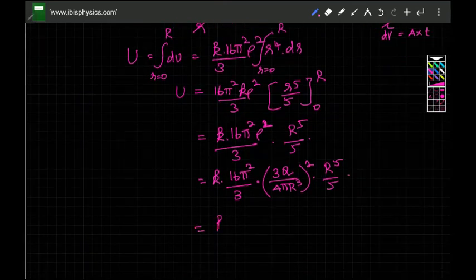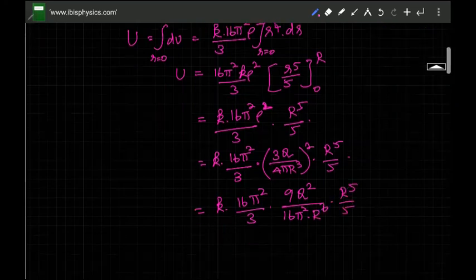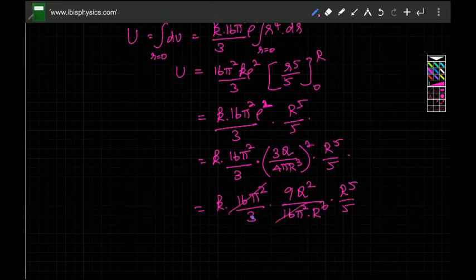Then k into 16 pi square by 3 into 9 q square by 16 pi square into r power 6, into r power 5 by 5. So this 16 pi square will be gone, and this cancels 3. So 3q square, r power 5 by r power 6 leaves only r. So k into 3q square by 5r.